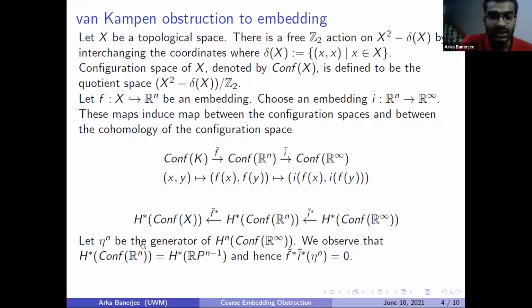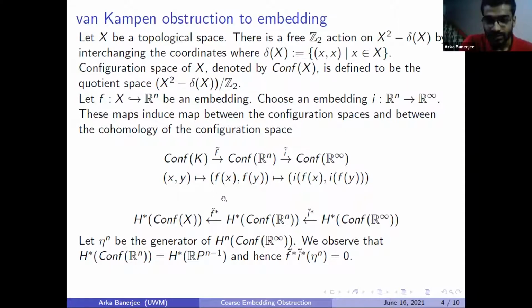So pick a generator for Hn of configuration space of R infinity. And also, as I said, configuration space of Rn is really just RP n minus 1. So this middle one is really the cohomology of RP n minus 1. And so what you get is f star applied to I star of eta n has to be 0. Why?